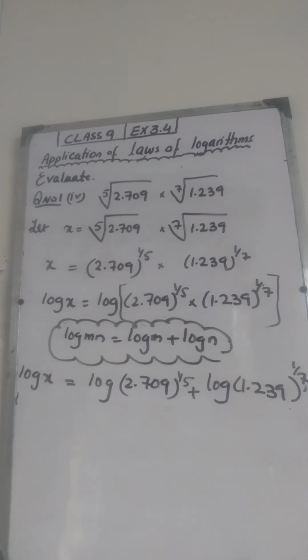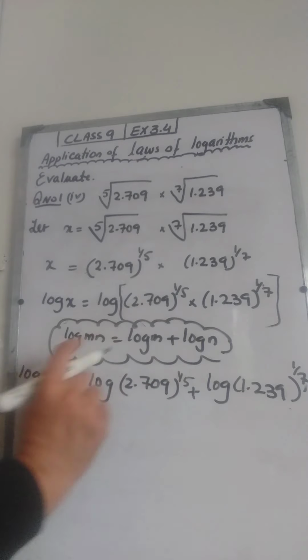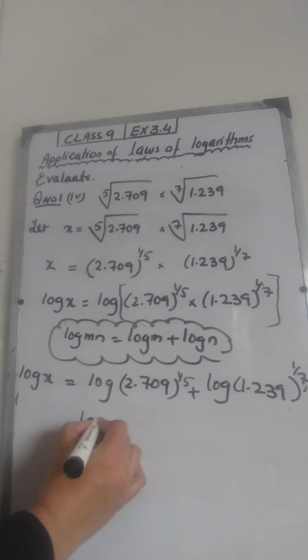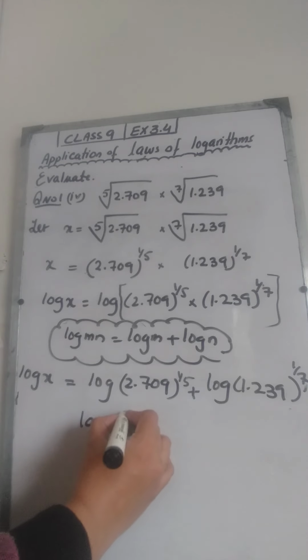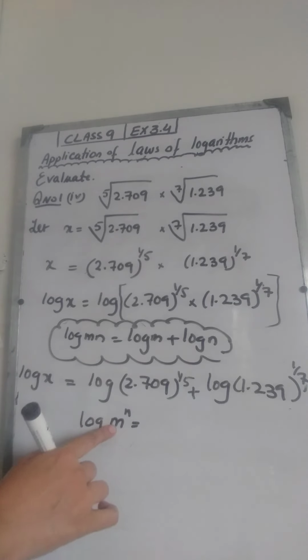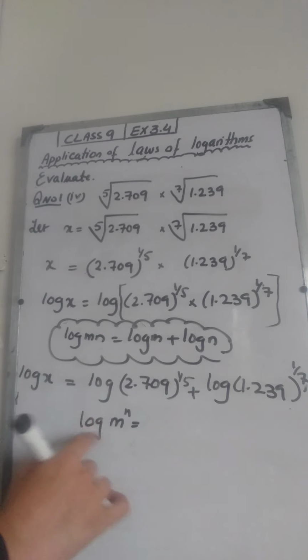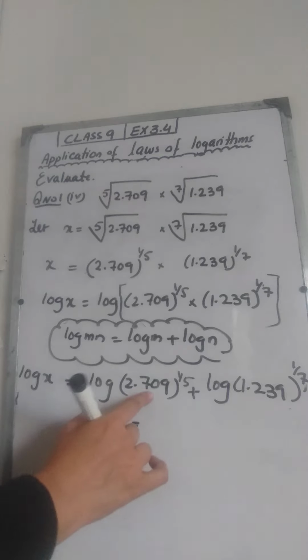In the next step, log is applied to some number which has a power. So we are going to apply the log of m raised to power n. Some number raised to power some other number as exponent. Whenever you get such an expression you are going to apply this law.